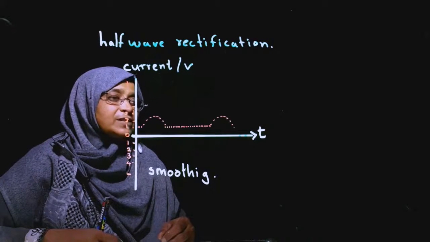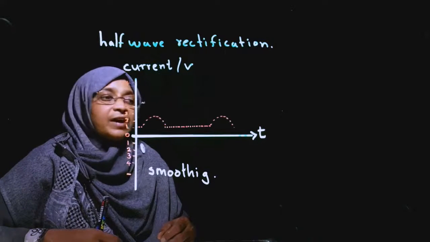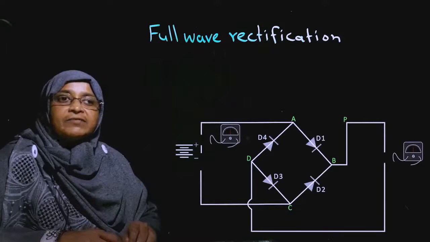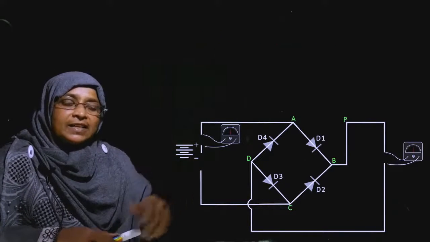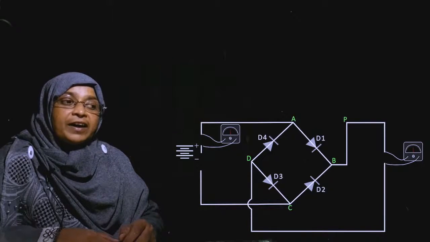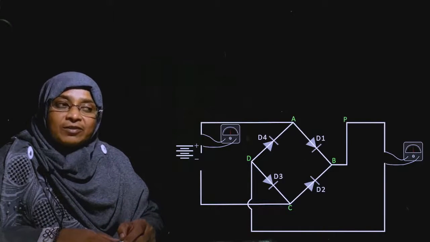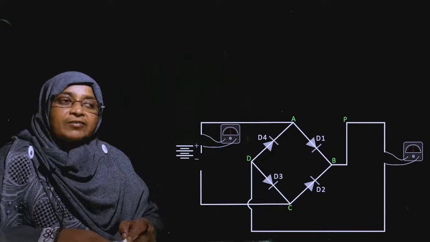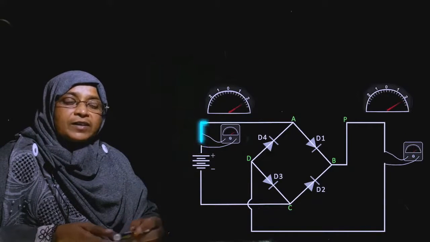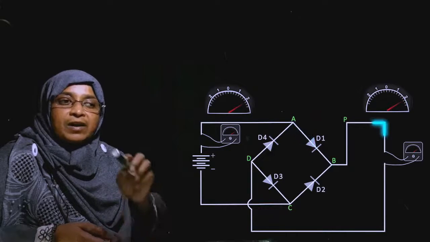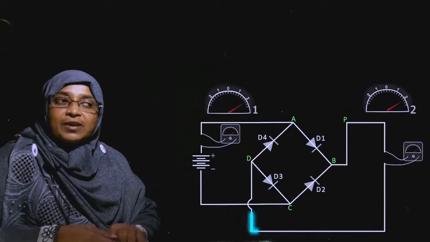Okay, let's operate the rectifying bridge. Now let's see the full wave rectification. Here is the circuit. This is the rectifier bridge with 4 diodes. Now I am going to connect the dry cell, upward positive, downward negative. The current from upward is shown in blue color.